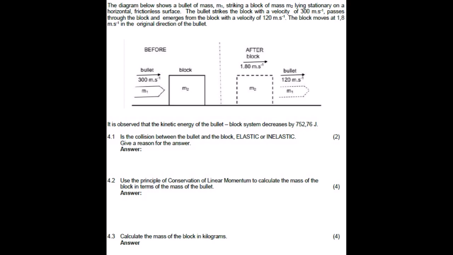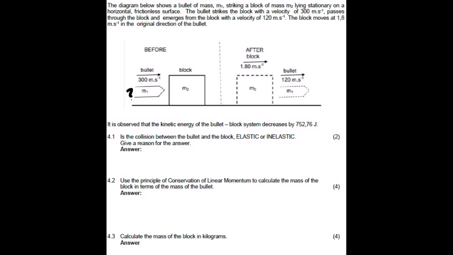We can see that this question is well presented because we do have a statement and also a diagram, picture form of the statement. Looking at the scenario, it says the diagram below shows a bullet of mass m1. So we can say the mass is not yet given.